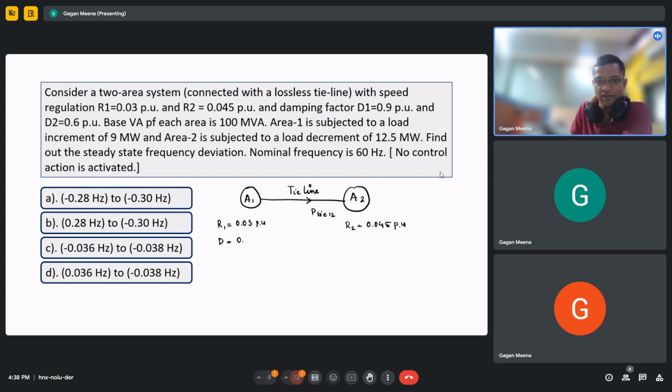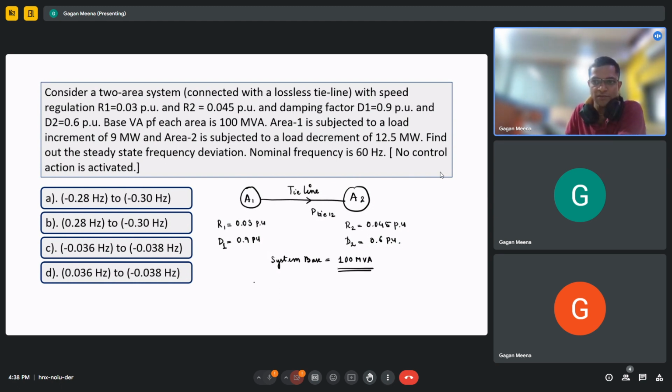The damping factor D1 is 0.9 per unit megawatt, and D2 is 0.6 per unit. The system base is the same, 100 MVA for both the areas.